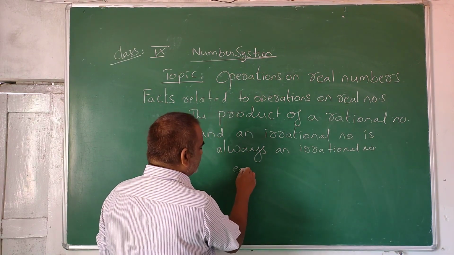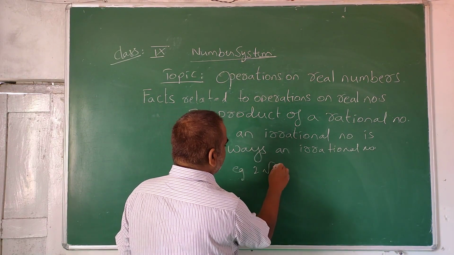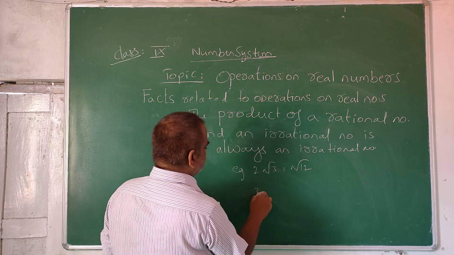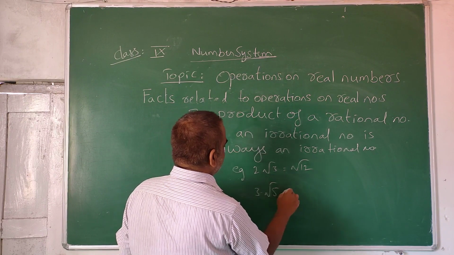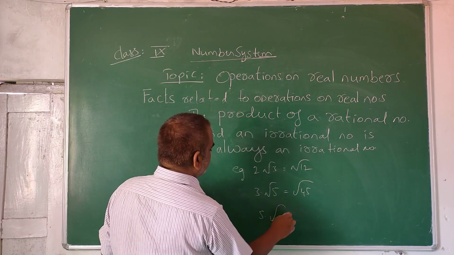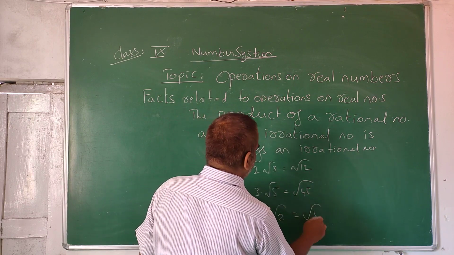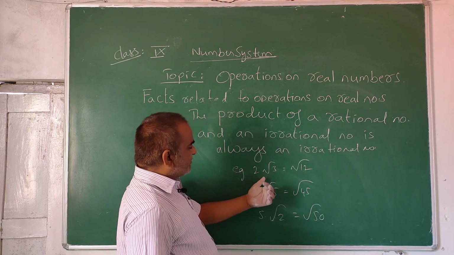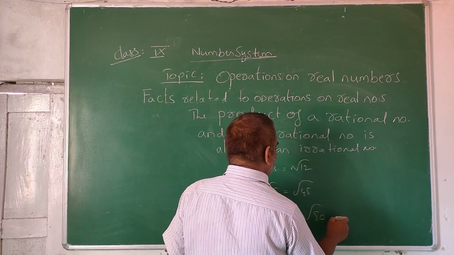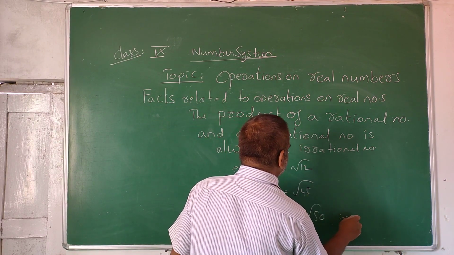For example, 2 into root 3, which is nothing but root 12. 3 into root 5, which is nothing but root 45. 5 into root 2, which is nothing but root 50. So these are all the product of a rational and irrational number. These are all finally irrational numbers.